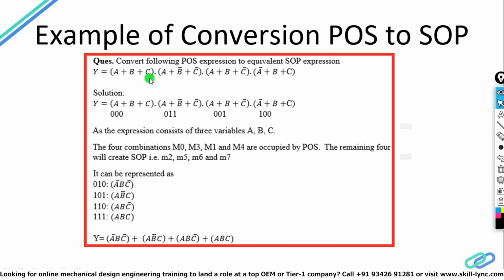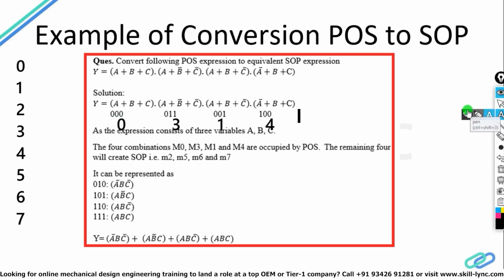The next thing we will take care of is that 3 variables are there. With 3 variables, the possible combinations range from 0 to 7: 0, 1, 2, 3, 4, 5, 6 and 7. Now we have seen that 0, 3, 1 and 4 are our max terms.